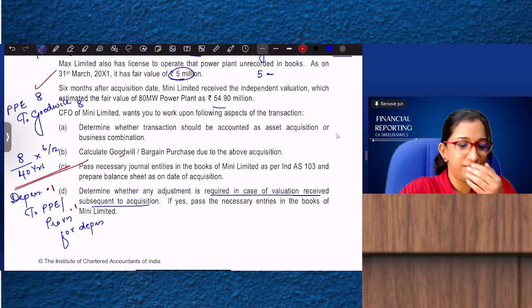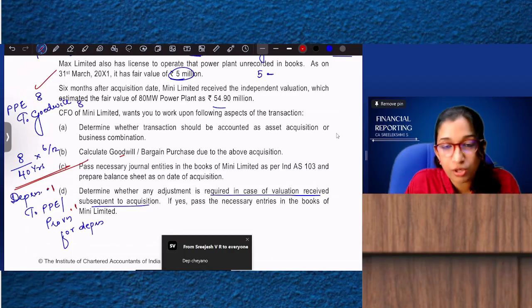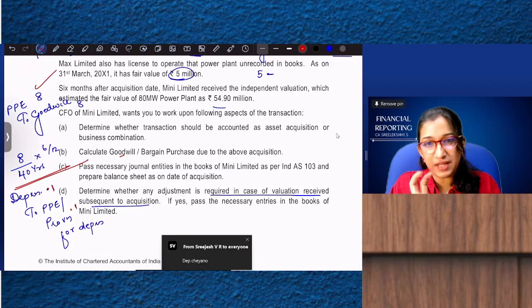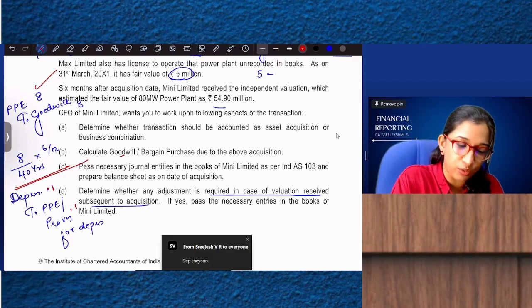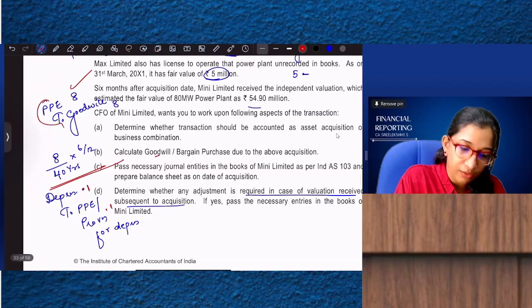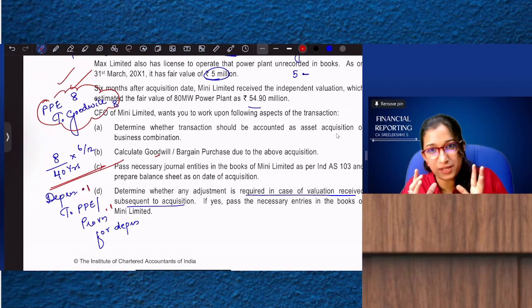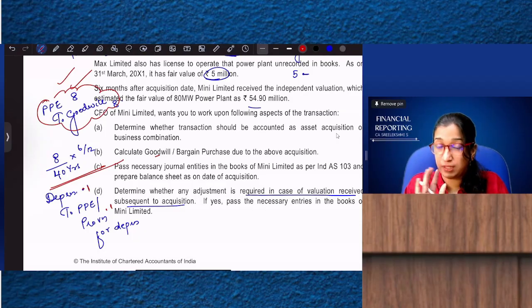So that's it. Because of that adjustment, actually I need to pass only this journal entry. This is my retrospective accounting. The retrospective journal entry is PPE to goodwill.